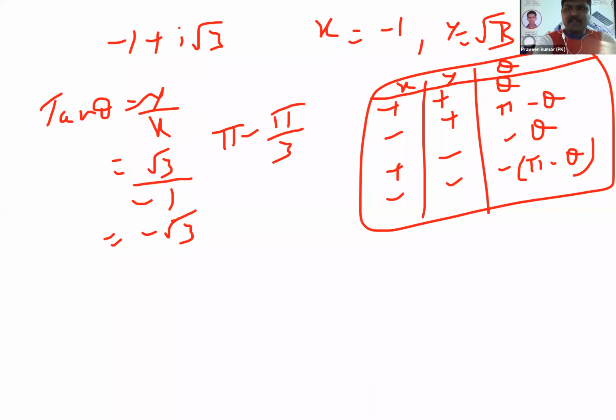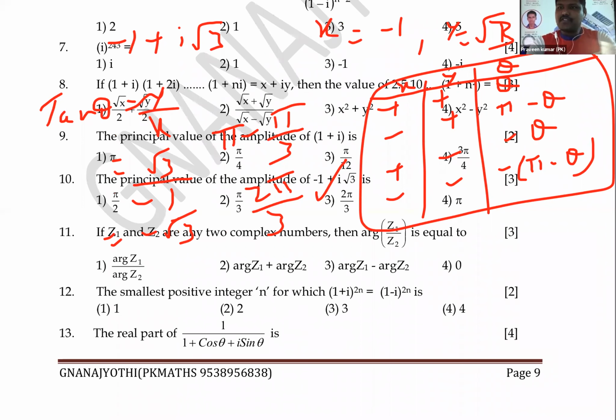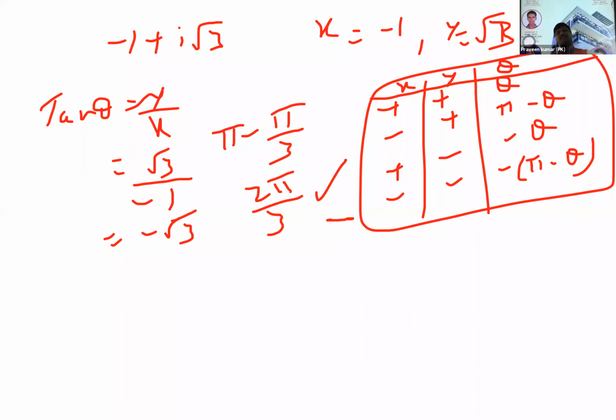Pi minus pi by 3 is 2 pi by 3. Which option? Third option. When you have doubt, you can ask me once again.